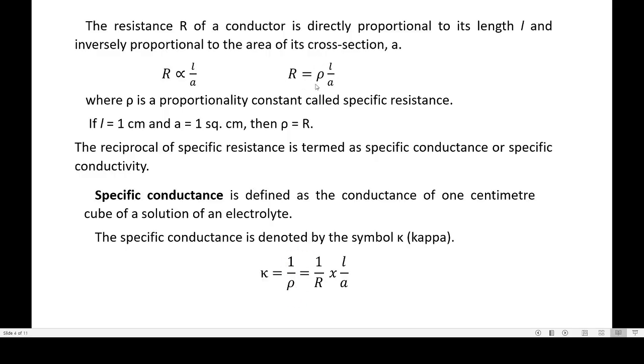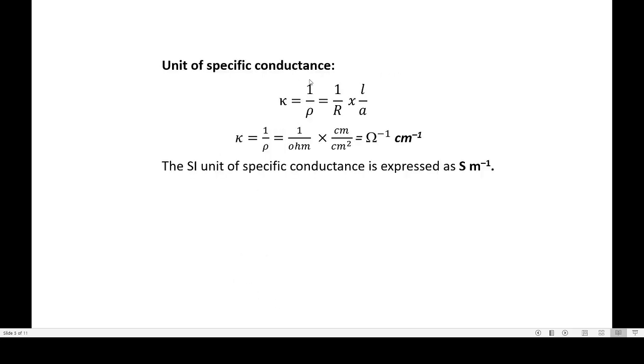So from this expression we can see that kappa will be equal to 1 upon rho, which equals 1 upon R into L upon A. So this will be the expression for specific conductance. From this expression we can see the unit of specific conductance. R is expressed in ohms, length in centimeter, area in square centimeter, so ohm inverse.